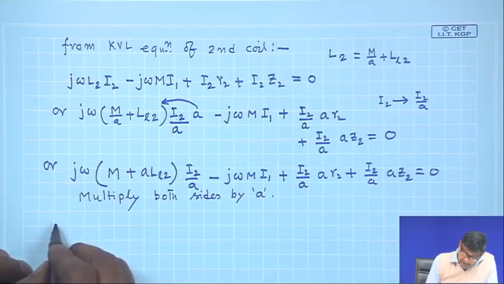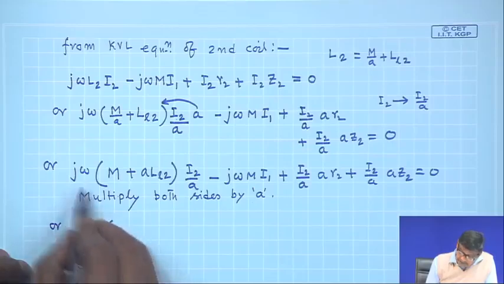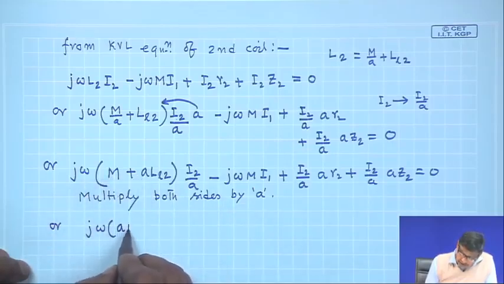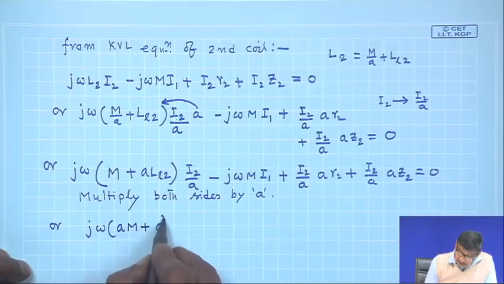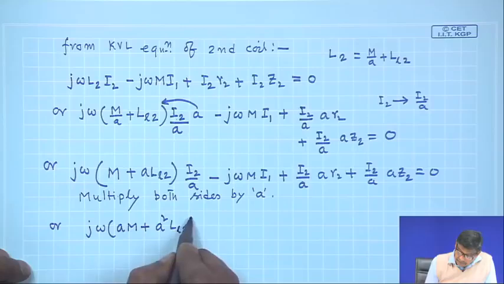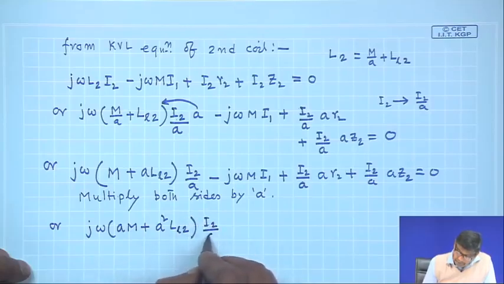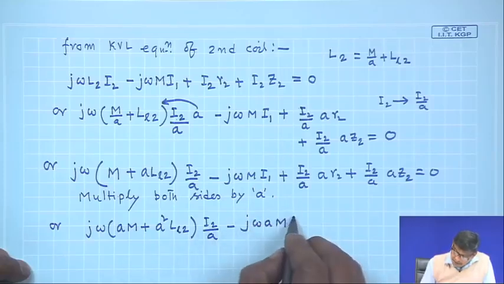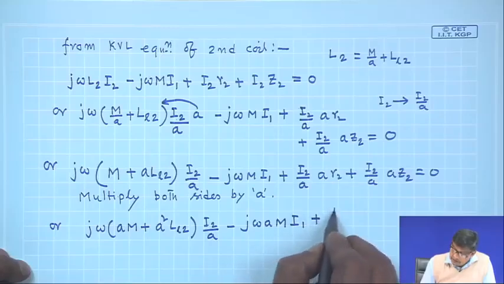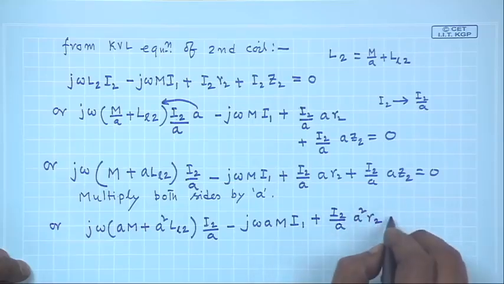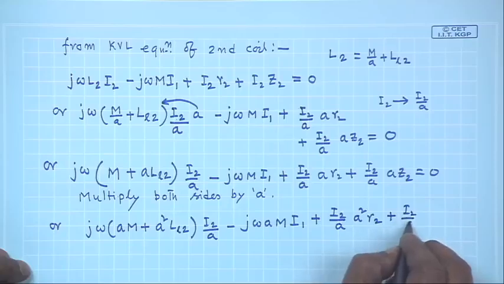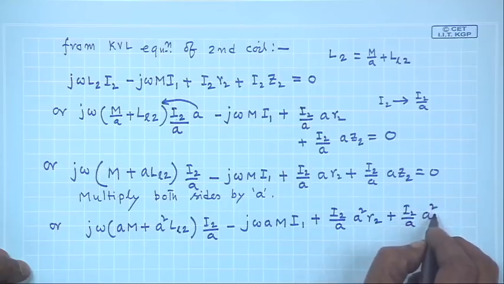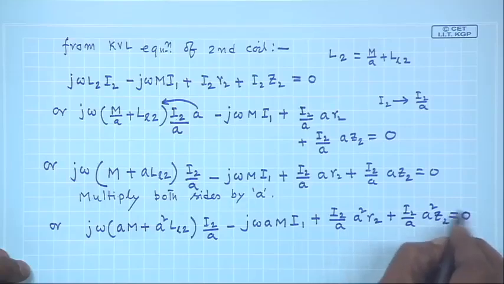If you multiply, then j omega, pushing this a inside, will be a M plus a square L L 2 into I 2 by a, minus j omega a M I 1, plus I 2 by a into a square into R 2, plus I 2 by a into a square into Z 2, and this is equal to 0.